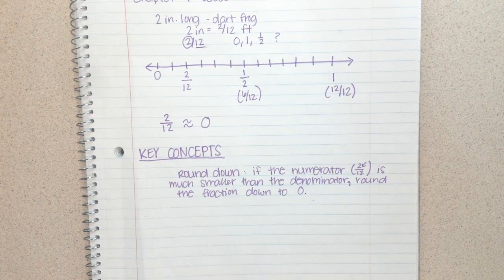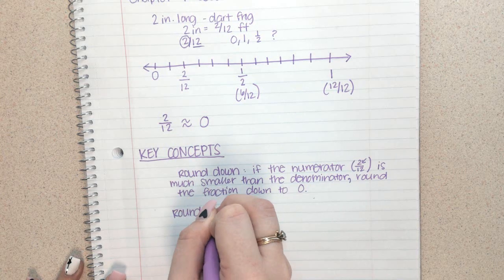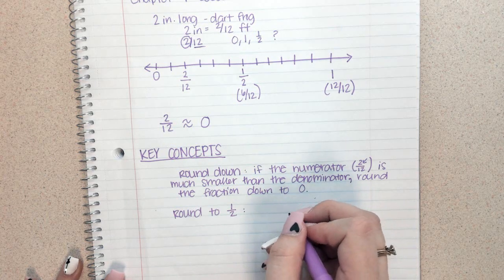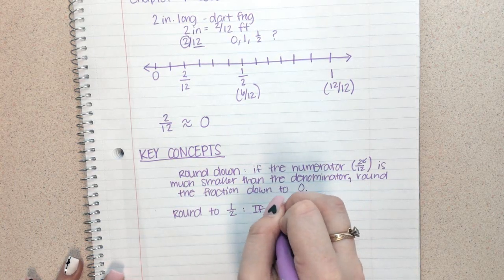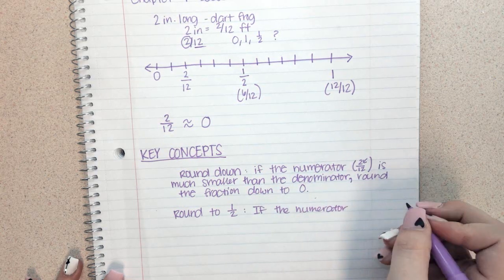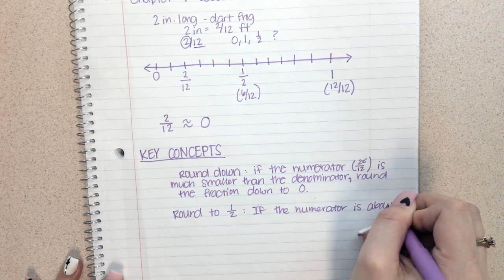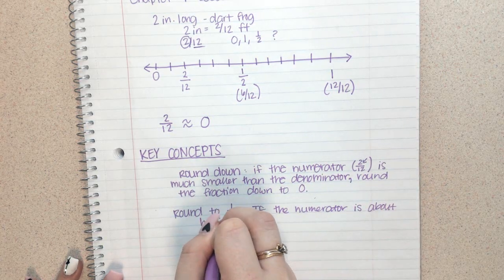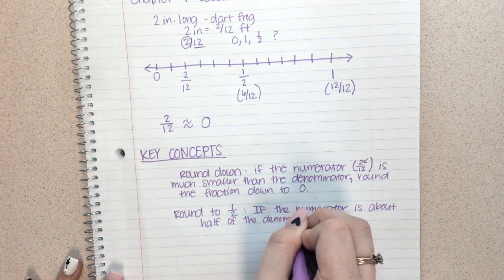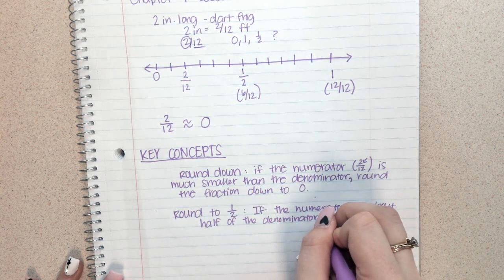Okay? All right. Our second one, rounding to 1/2. If the numerator, again, that top number, is about half of the denominator, you're going to round the fraction to 1/2.